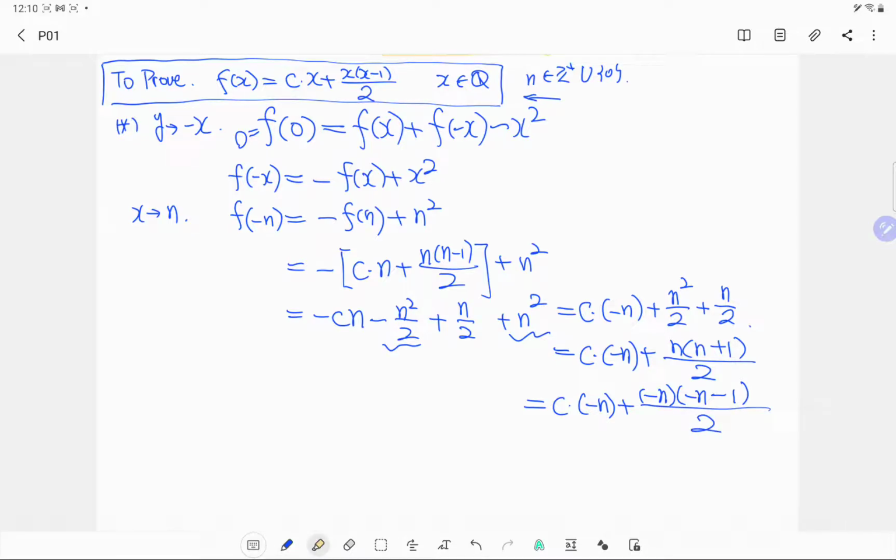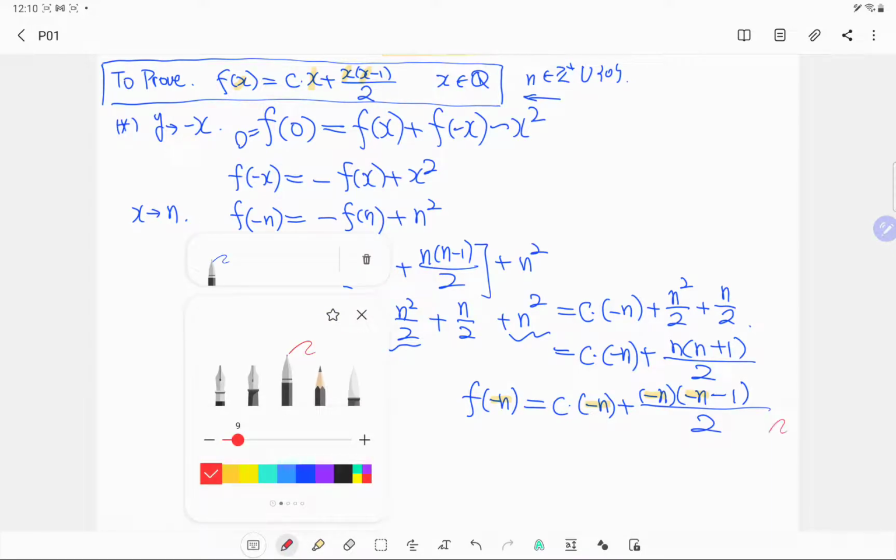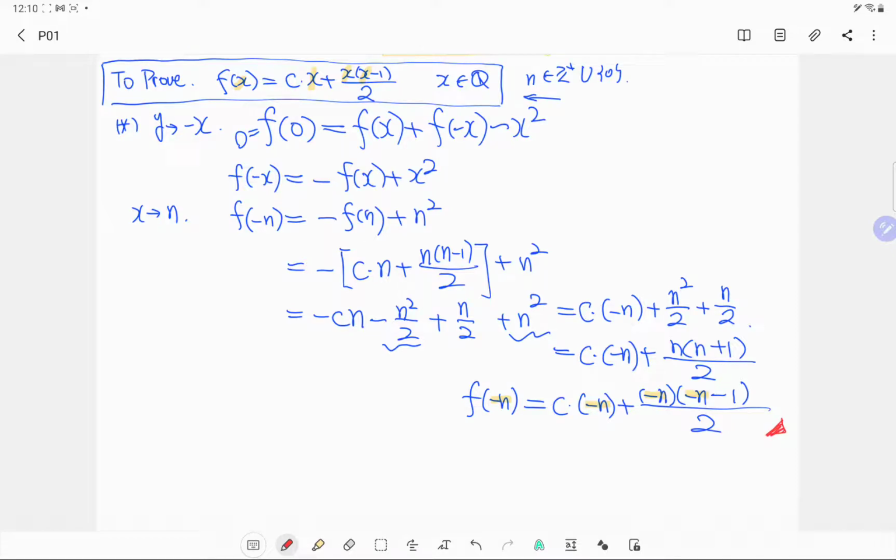You can check it: here we have f of minus n, so we have c times minus n, plus minus n times minus n minus 1, all over 2. Here we also prove it for negative integers, which means that n is okay for all integers.